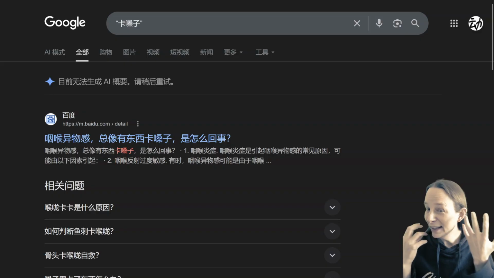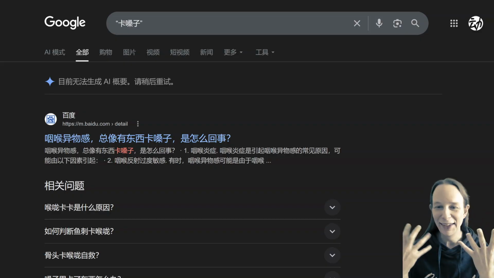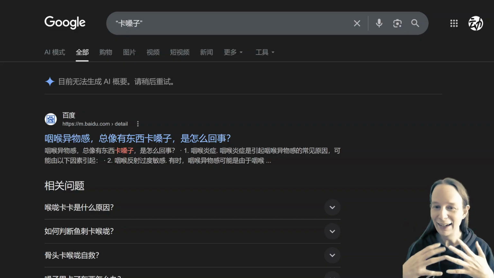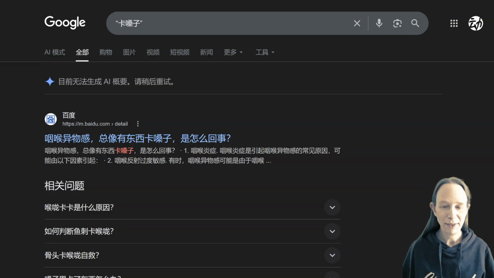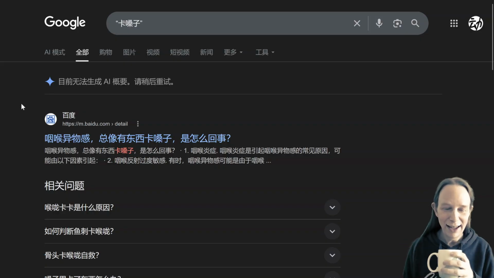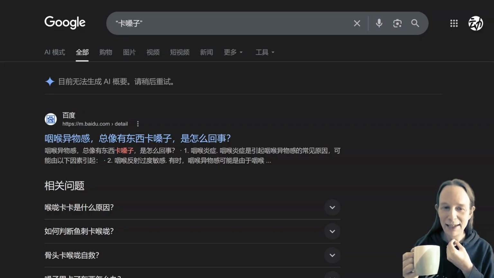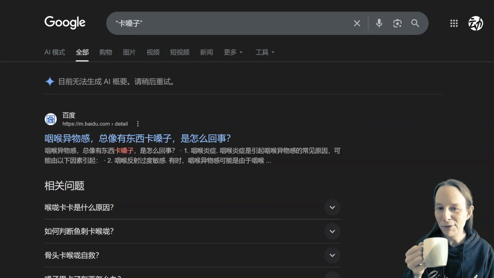It feels like there's something inside you, or if there is a foreign object in you, like some sort of medical implant, you can have foreign body sensation as well. Okay. 总像有东西卡嗓子. So it always feels like there's something in my throat, blocking or obstructing my throat.